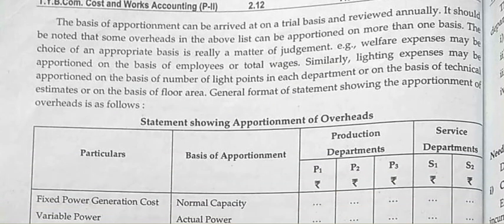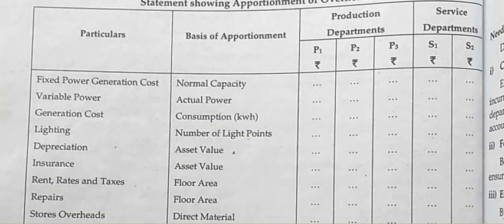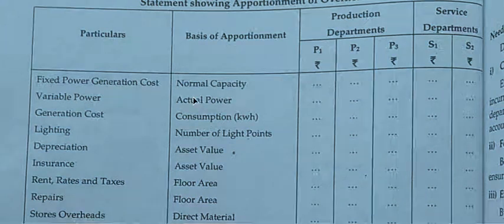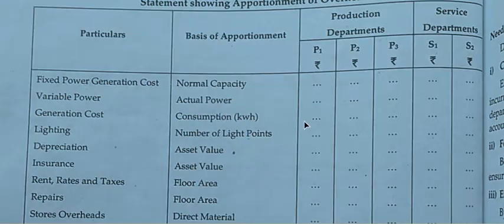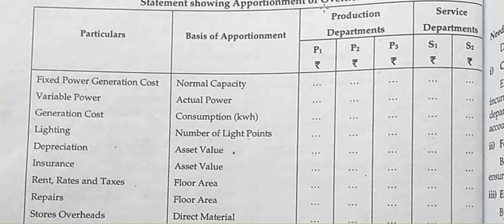Now they have given one format, a statement showing apportionment of overheads. Now this format is quite interesting. Students should follow this format in the answer as it is. In the particulars column, they have simply given the various list of overheads. Here is the basis of apportionment, and next are your various departments, production and service departments.